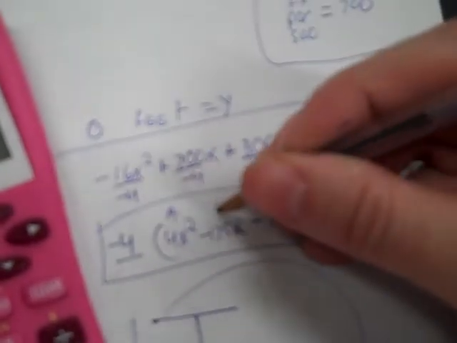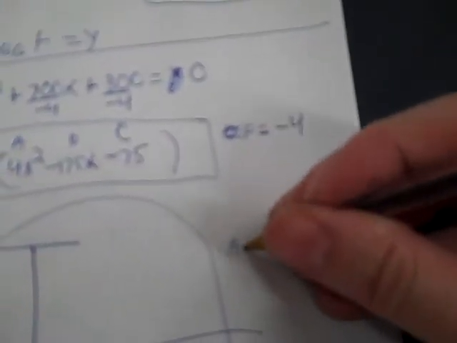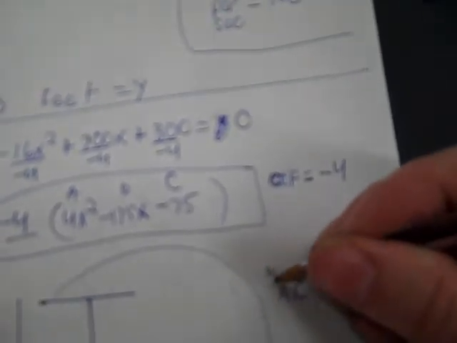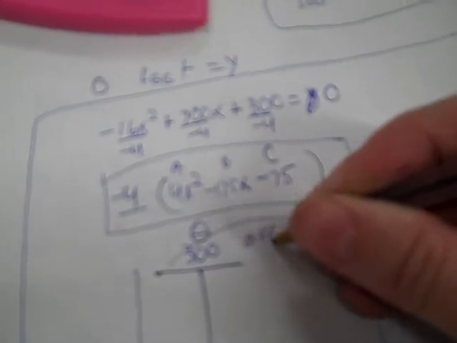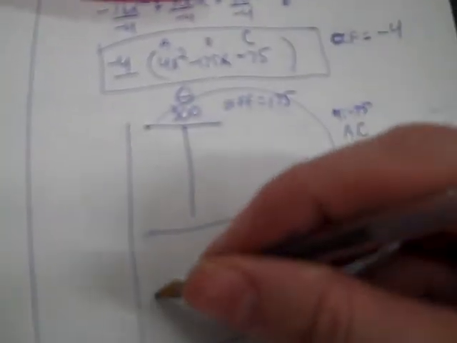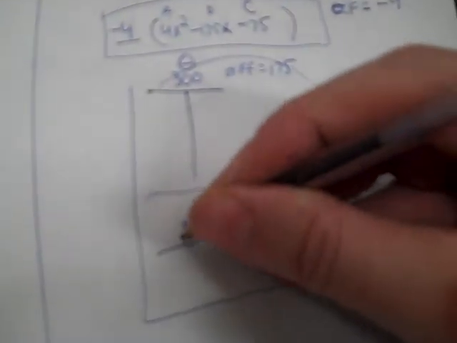I go A, B, C. A times C, I will be taking 4 times negative 75. Okay, negative 300. Difference of 175, but I'm not going to use the T-chart when I have numbers in the hundreds. Okay? I'm going to use my quadratic formula.